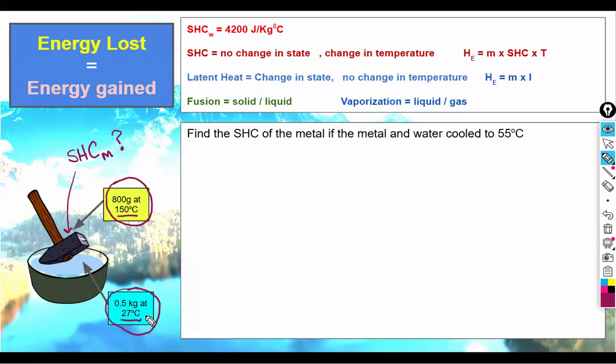Using a little bit of common knowledge, do we all agree that if you dip this hot piece of metal into the water, right? What will happen to the temperature of the water? Right now, the water is 27 degrees Celsius. If I dip that in the water, will the temperature of the water go up or will the temperature of the water go down?